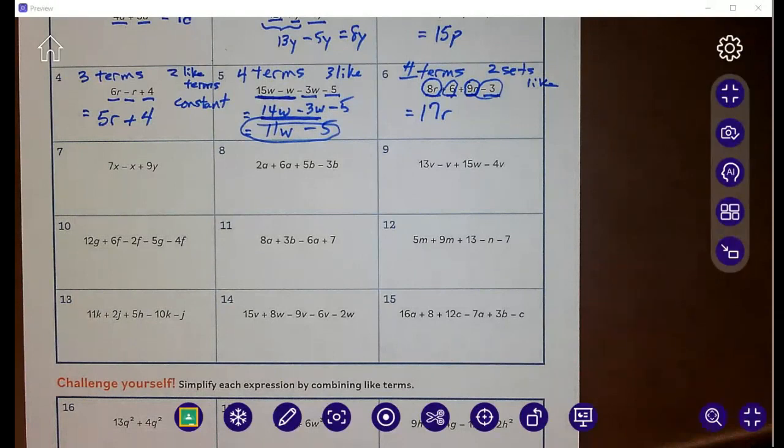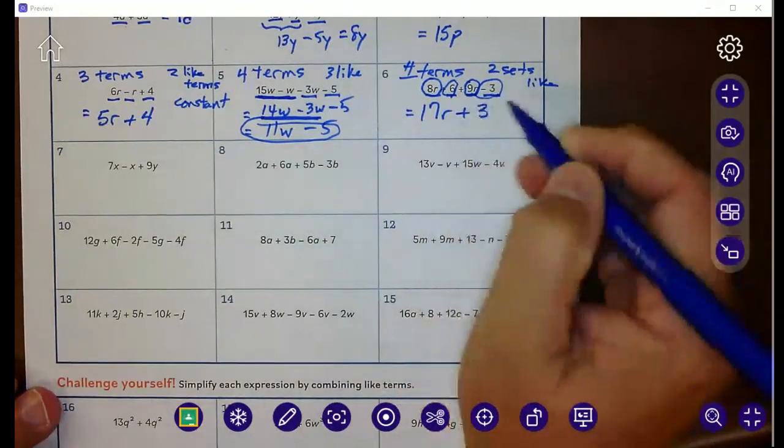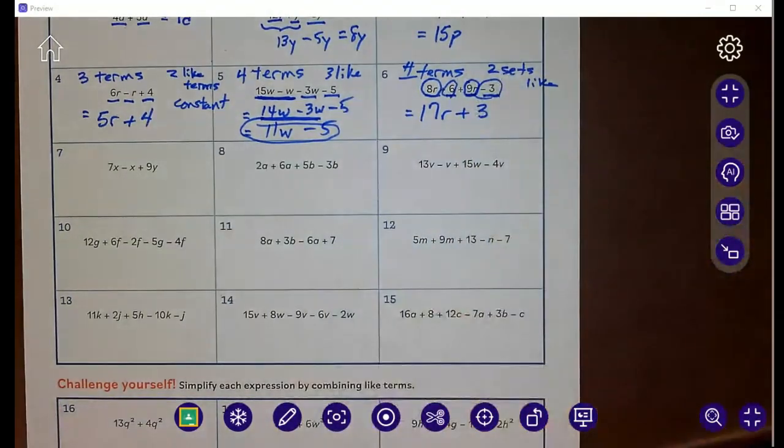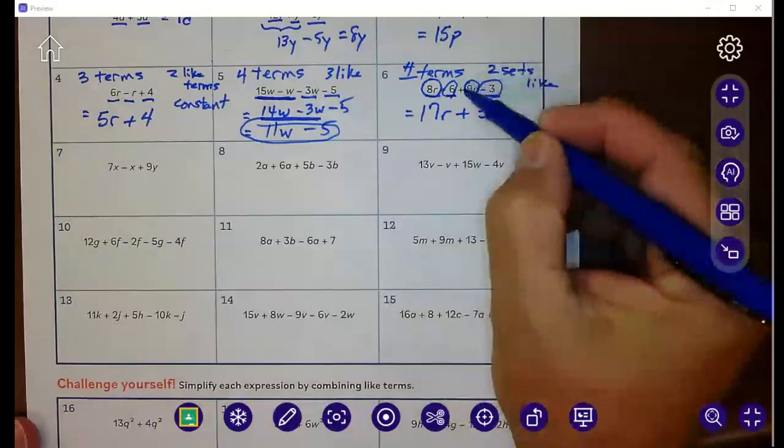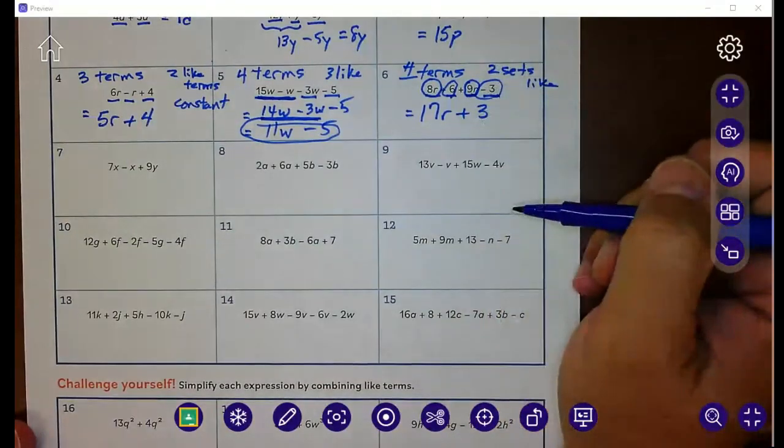How about Mr. Nichols? Mr. Nichols, what do we get if we combine +6 and -3? Very good. We get +3. The +6 and the -3 give us +3.